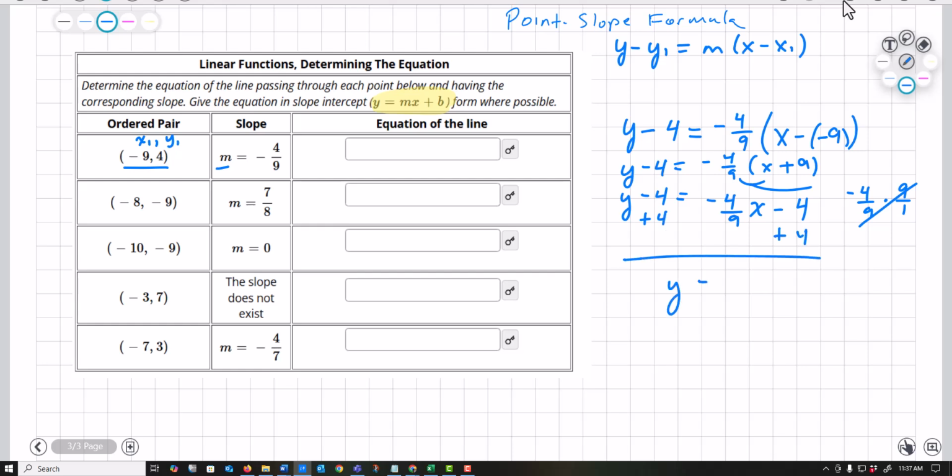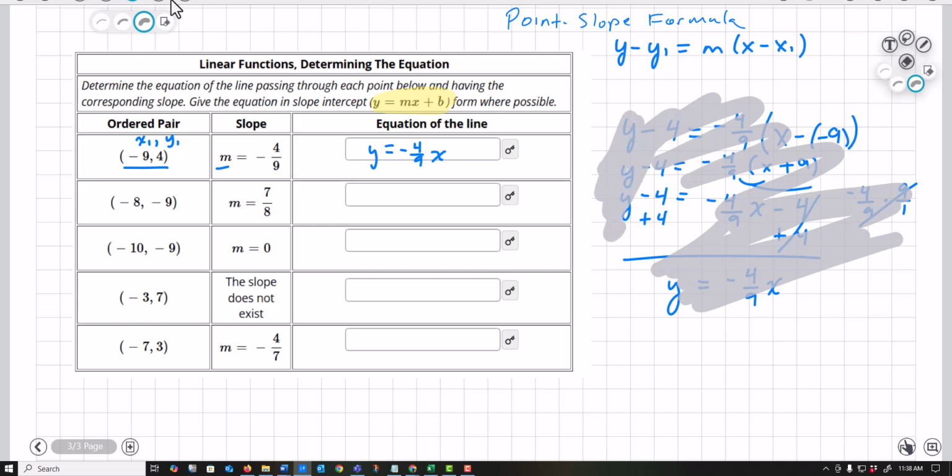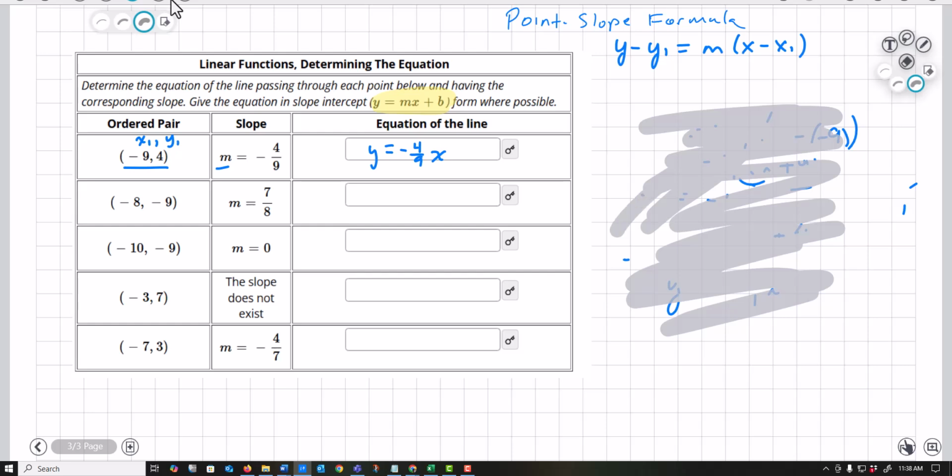And so I get y equals negative 4/9 x, because that cancels. So that's my answer: y equals negative 4/9 x. I just find it easier to use this formula because then I can simply plug things in.